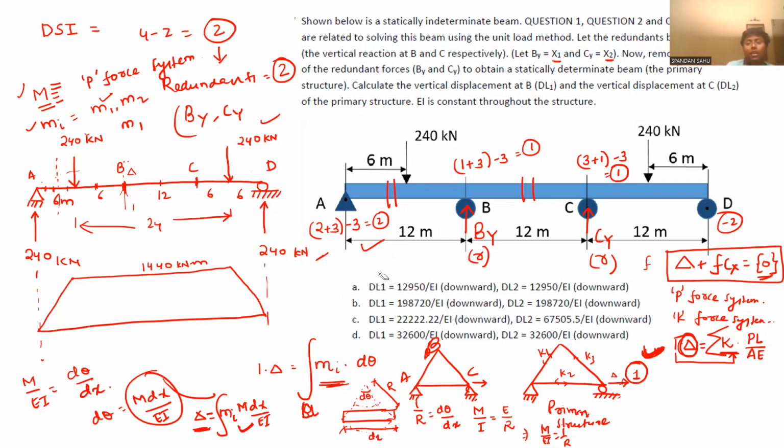Now, let us solve the question. Hereafter, there is nothing. We will directly put all those values and get the answer. Now, this is the primary structure.